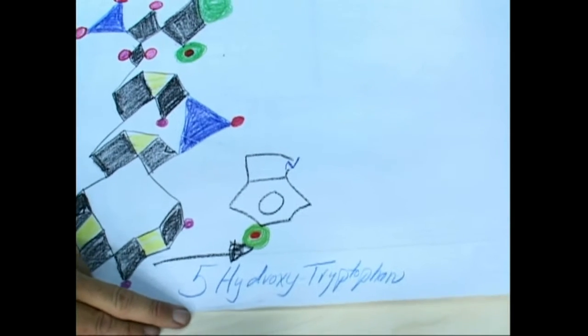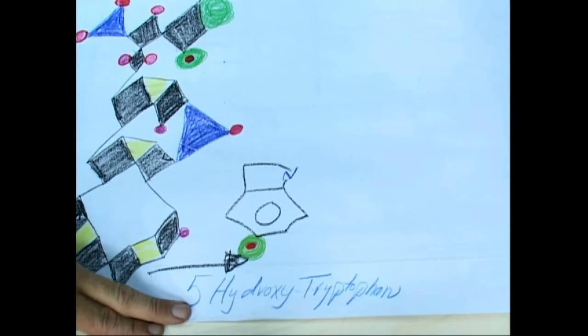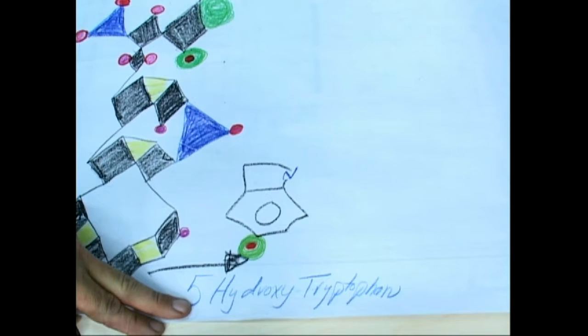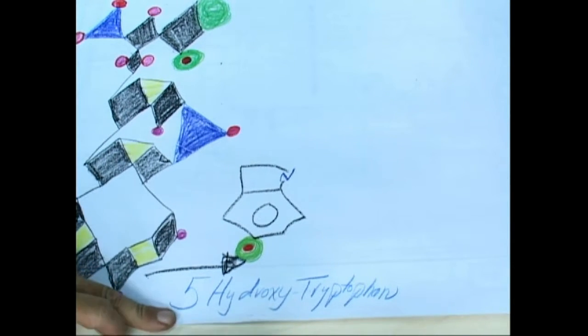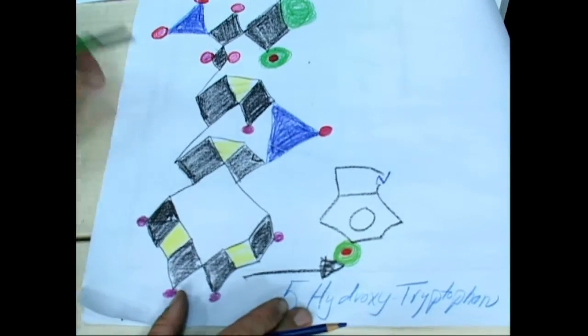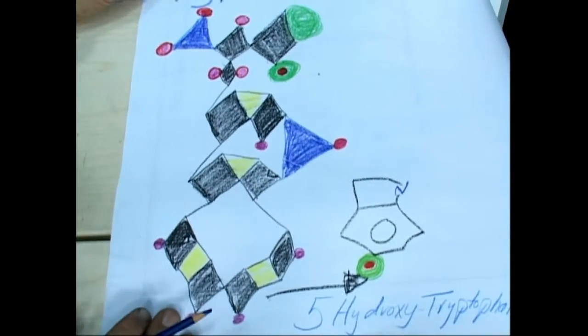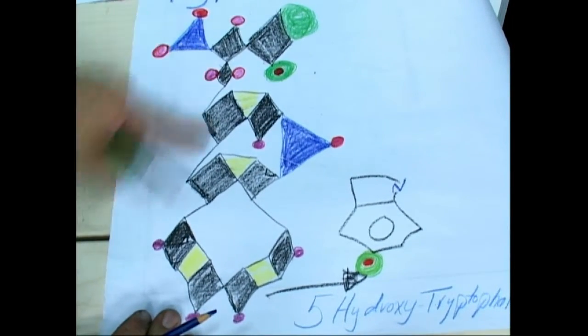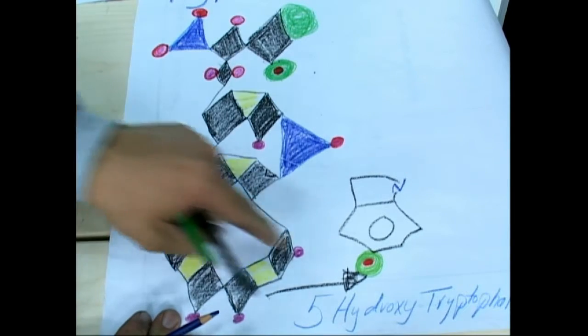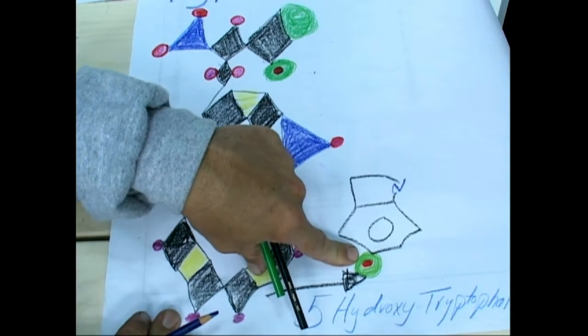There's one that's going to be a hydroxy tryptamine. That's another active form of one. So this is just the first thing that's going to happen is it's going to get hydroxylated there. Not all going to fit on the camera. So this simply is tryptophan. And then this is 5-hydroxy tryptophan.